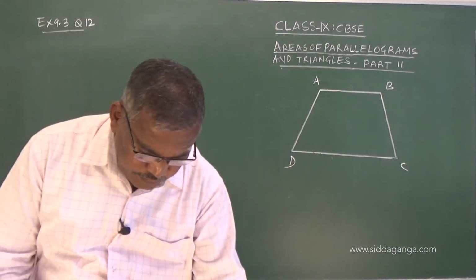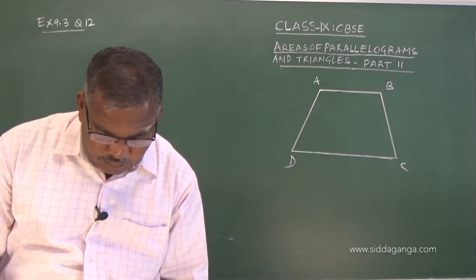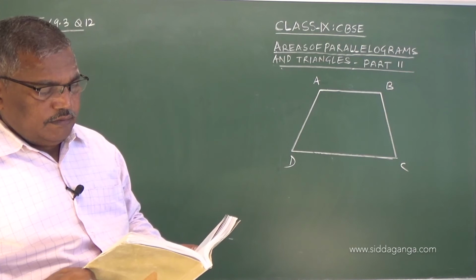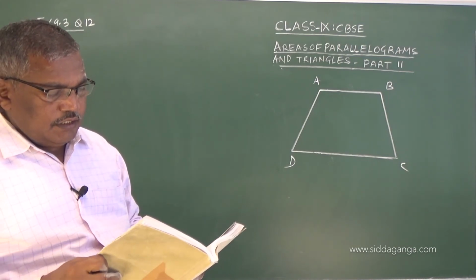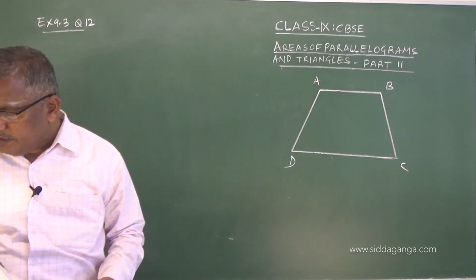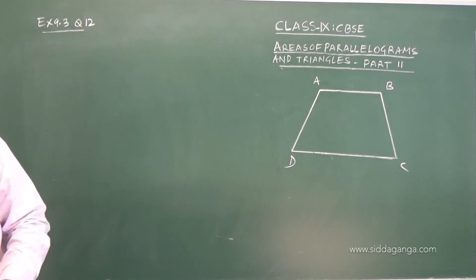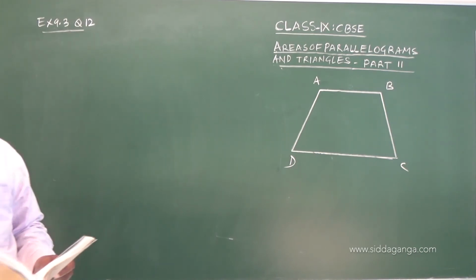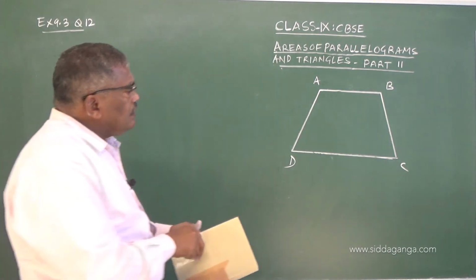Now, a line parallel to AC intersect AB at X. ABCD is a trapezium with AB parallel to DC.